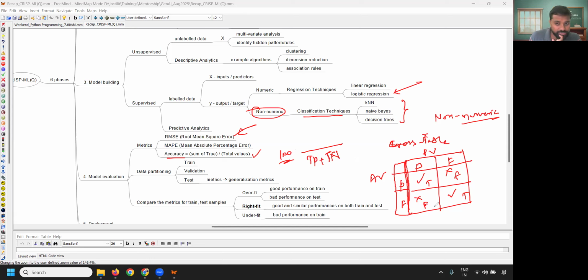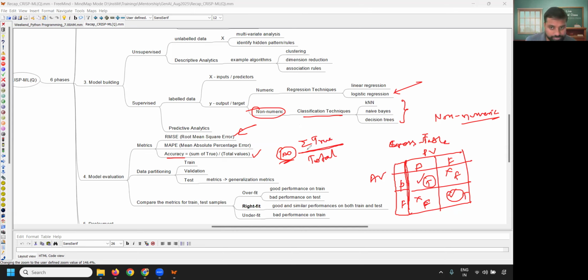That means this case, both false, right? So total, I'll say all the values considered, which is nothing but total. In the total predictions that we did, out of 100 predictions, how many times was the model correctly predicting? So sum of true predictions.